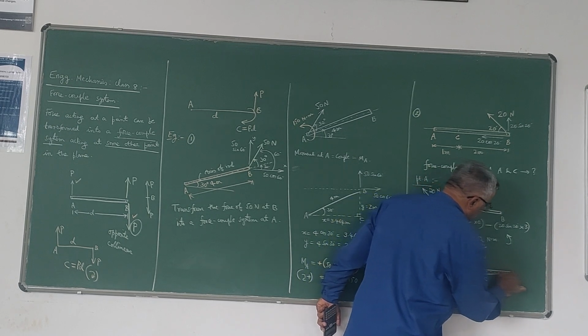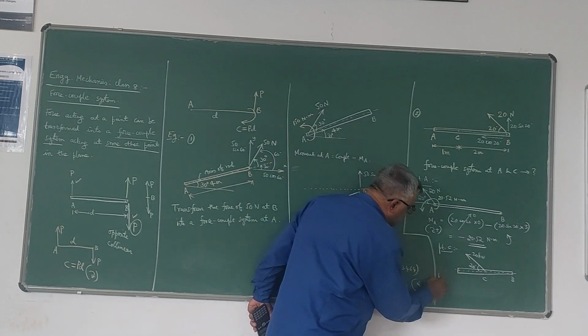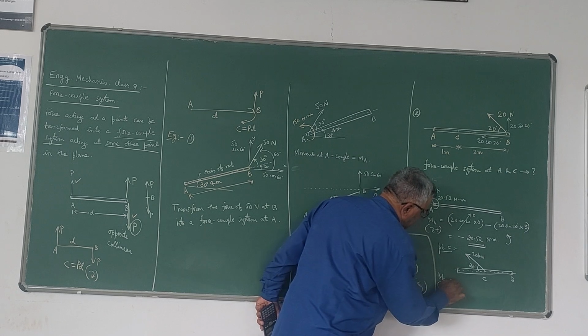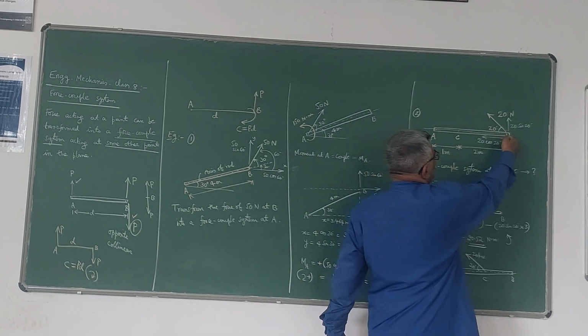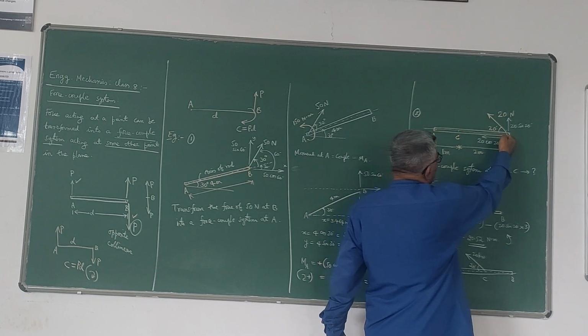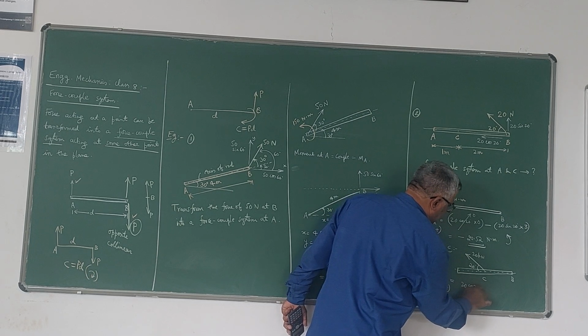Now I have to calculate MC, the moment at C, taking clockwise positive. Here also, the moment of 20 cos 20 about C will be 0 because it passes through C. So 20 cos 20 into 0.